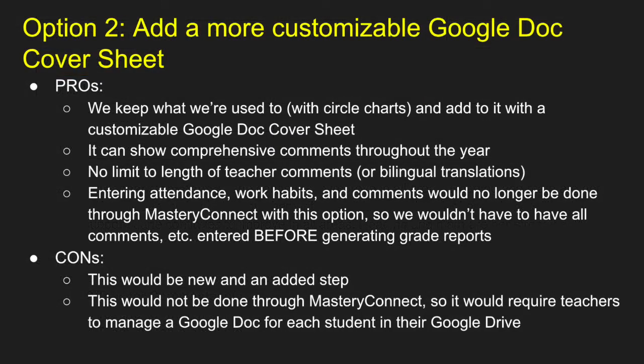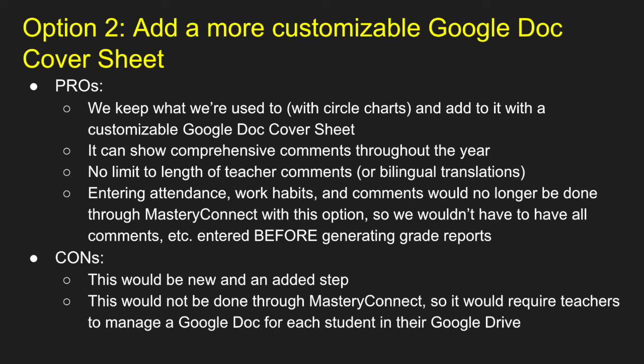So option 2 is to add a more customizable Google Doc cover sheet. The pros to option 2 is that we keep what we're used to with the colorful circle charts, but we add to it with a customizable Google Doc cover sheet. Another pro is that we can show comprehensive comments throughout the year.